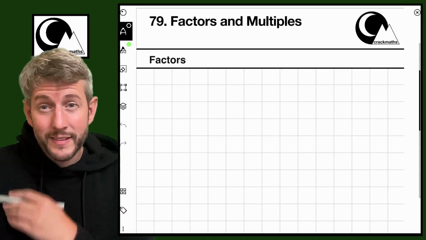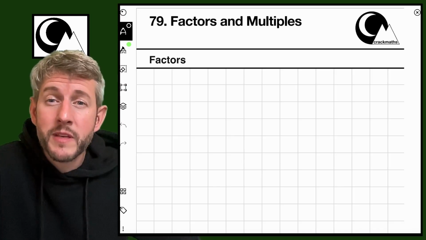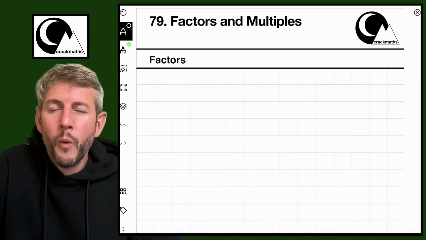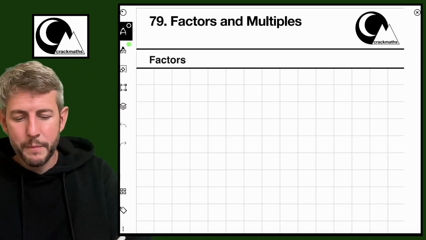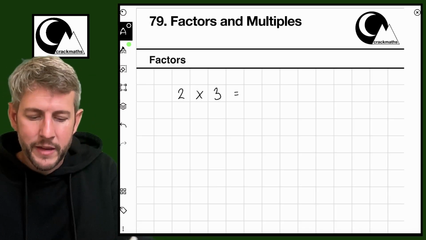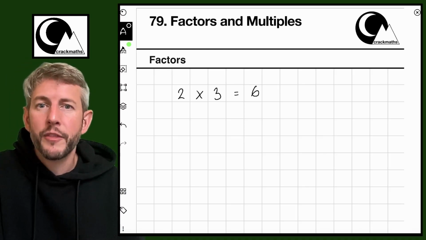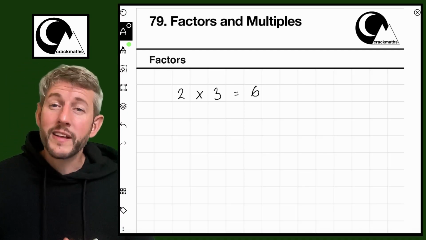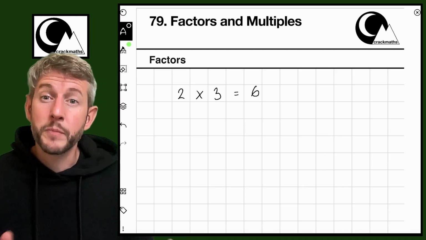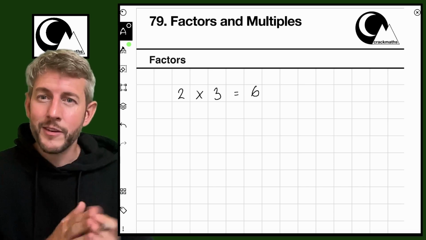We talked about factors a little bit in the last video when we looked at prime numbers, but factors are what we refer to as the two numbers that make a number. So for example, if I had 2 times 3 equals 6, I could say 2 and 3 are factors of 6, because actually the truth is 6 has more factors than just 2 and 3.